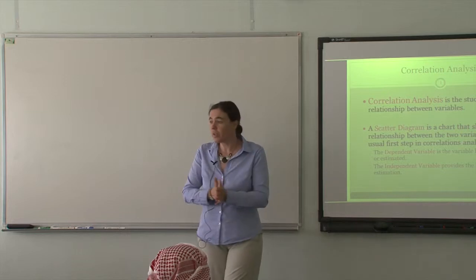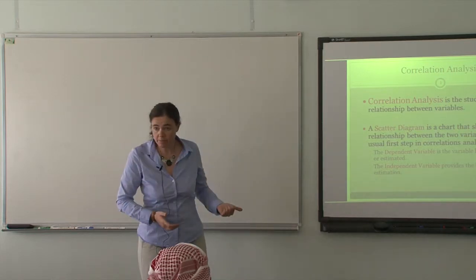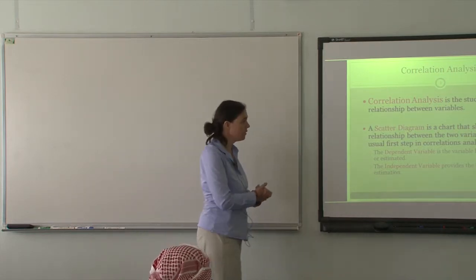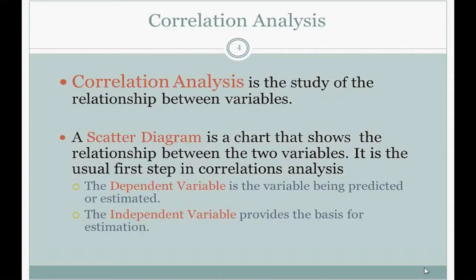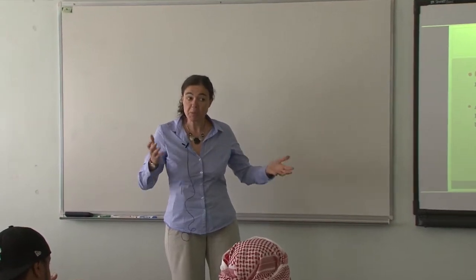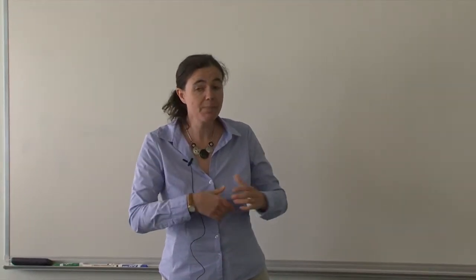So what are the two variables? The dependent, the variable being predicted or estimated, and the independent. For example, with your test grade and your attendance, which one would be independent and dependent? What depends on what? The grade depends on your attendance.